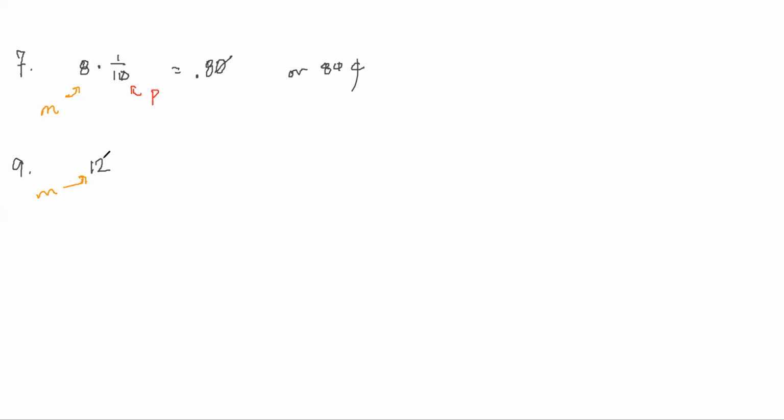How are we going to define the probability? The probability is going to be the probability of rolling some number times the probability of rolling that number again.